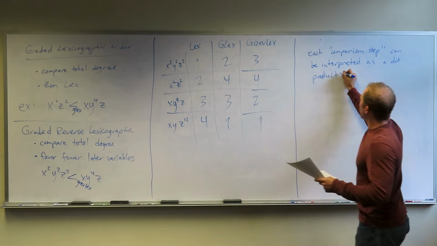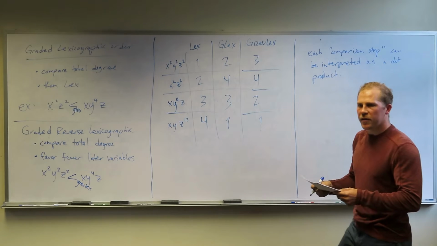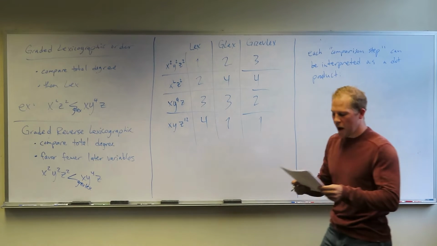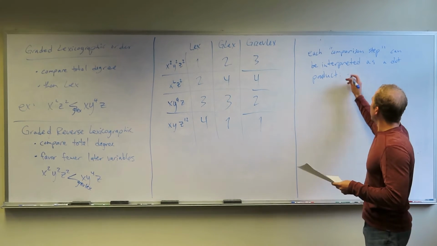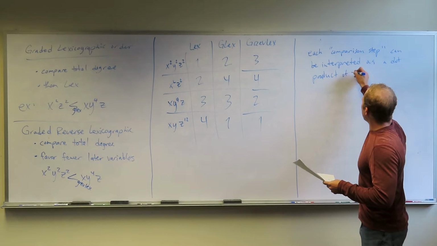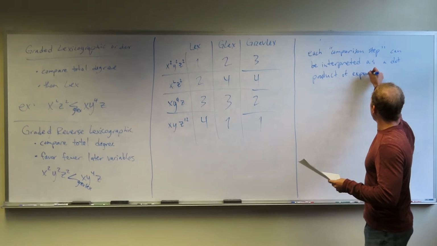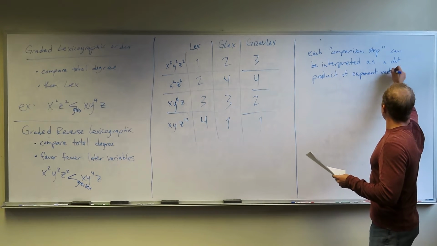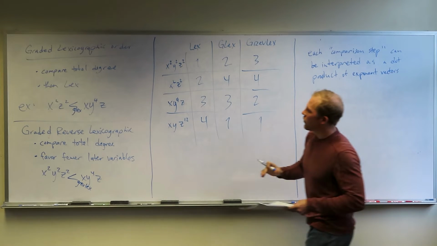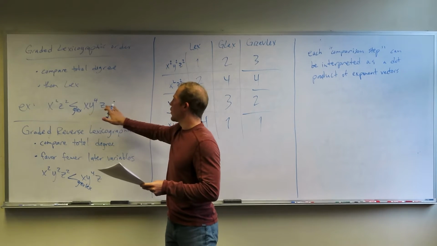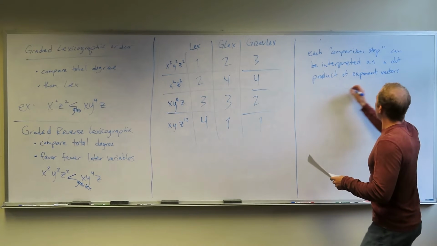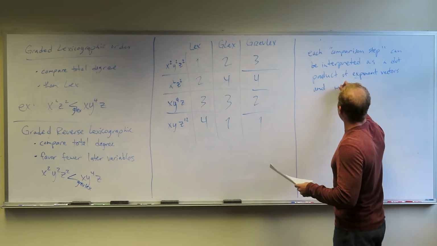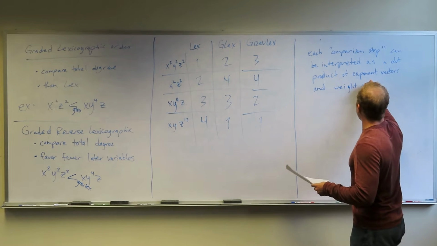So I can understand these in terms of dot products, and this makes it feel a little bit more math-like, right? But the dot product that we're looking at here is between exponent vectors. The exponent vector of x, y to the fourth z, for instance, would just be 1, 4, 1. So exponent vectors, and then what I'll call a weight vector.